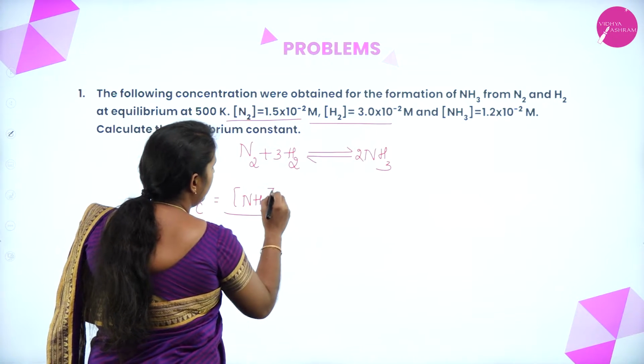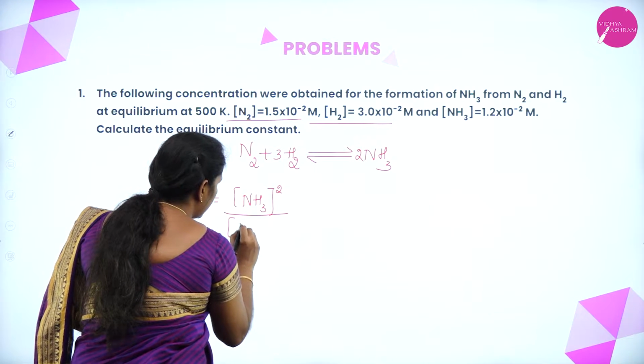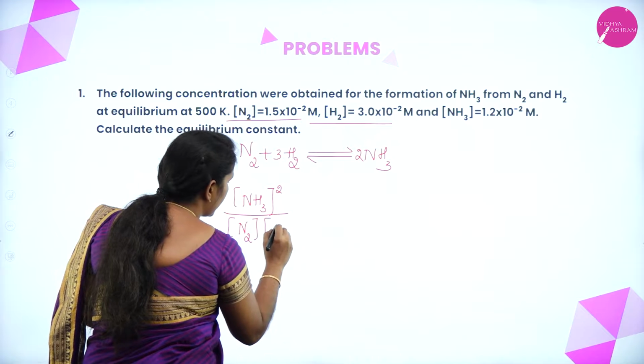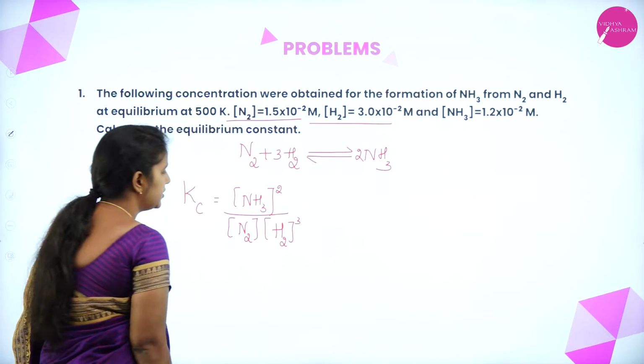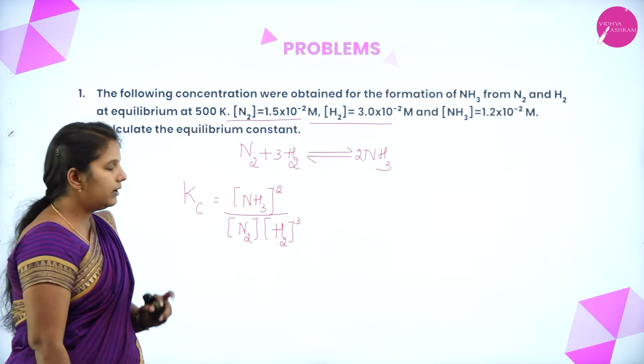So NH3, the stoichiometric coefficient is 2. Similarly, the concentration of N2, that are the reactant, and concentration of the hydrogen H2 raised to the power 3, because the stoichiometric coefficient is 3.